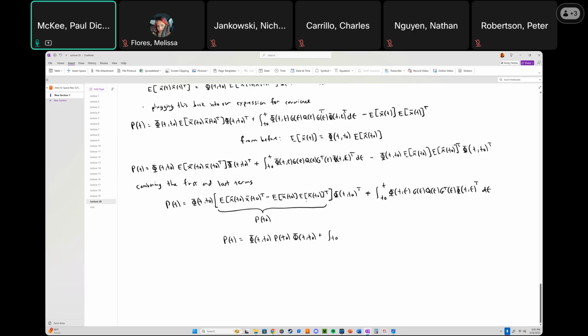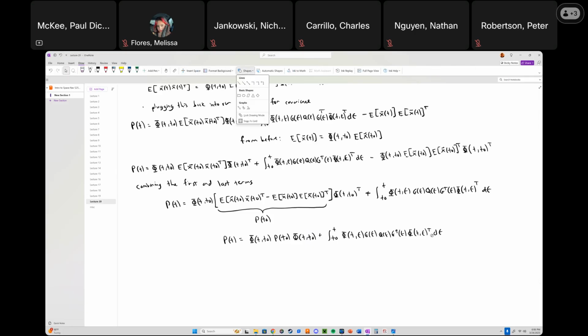Sure, you were hoping this would cancel out to zero. It doesn't. Phi t epsilon, g of epsilon, q of epsilon, g transpose of epsilon, phi t of epsilon transpose, d epsilon, where this gets a red rectangle.